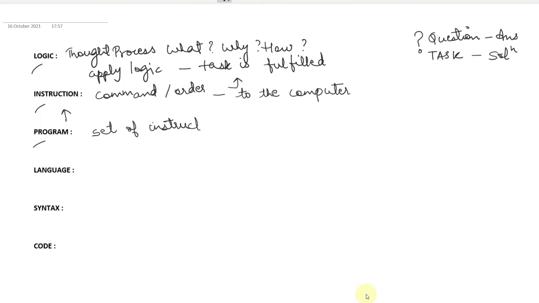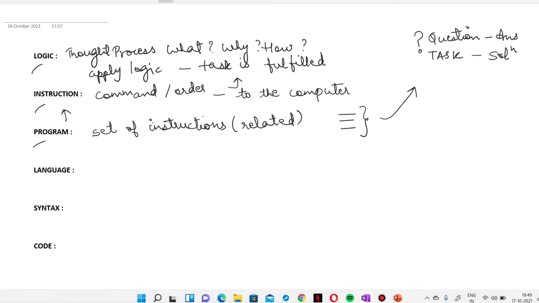The instructions have to be related. It doesn't mean that we are going to give all weird instructions to the computer to perform a particular task. When we have a set of instructions, one instruction given, second one given, third one given, only then will you have the fulfillment of your task. So when we club the instructions together, we form a program. This is what a program is all about.